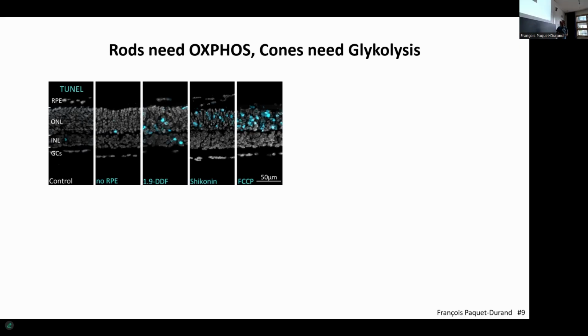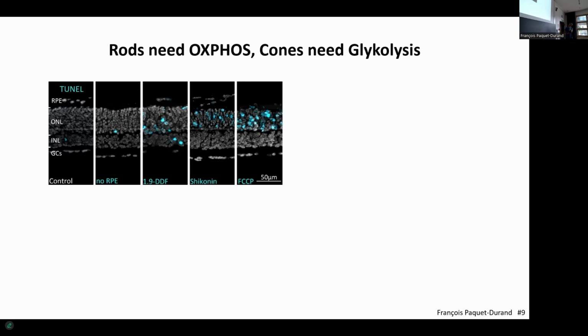We have 5 different conditions: control, where we have very little cell death; a retina cultured without RPE, where we have more cell death. When we block glucose transporter 1, we have more cell death. When we block pyruvate kinase M2 with shikonin, more cell death. And if we block oxidative phosphorylation, more cell death.